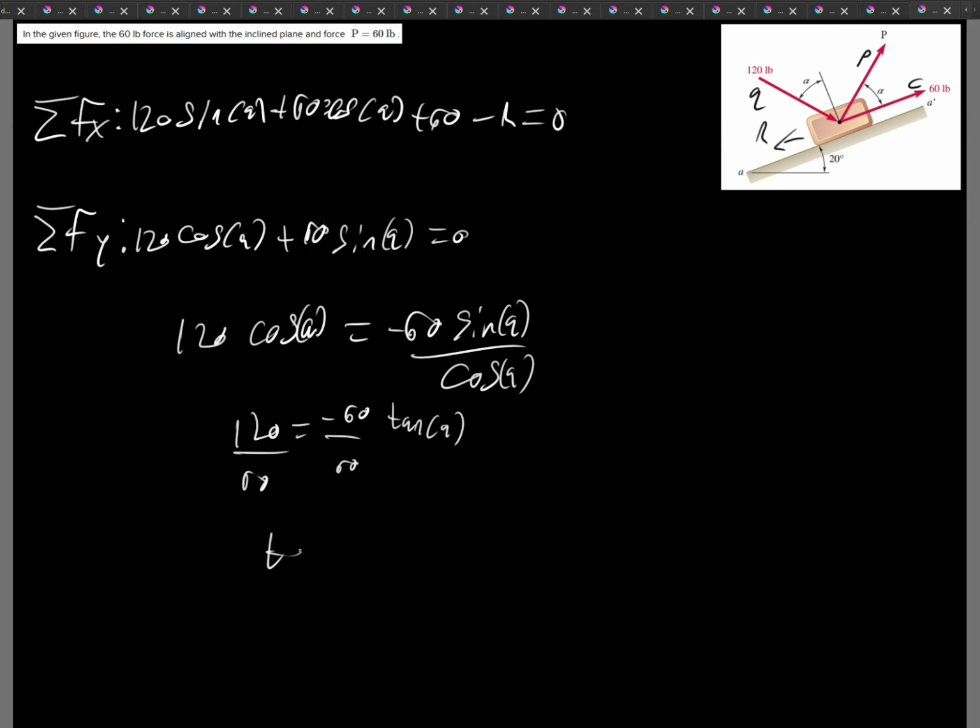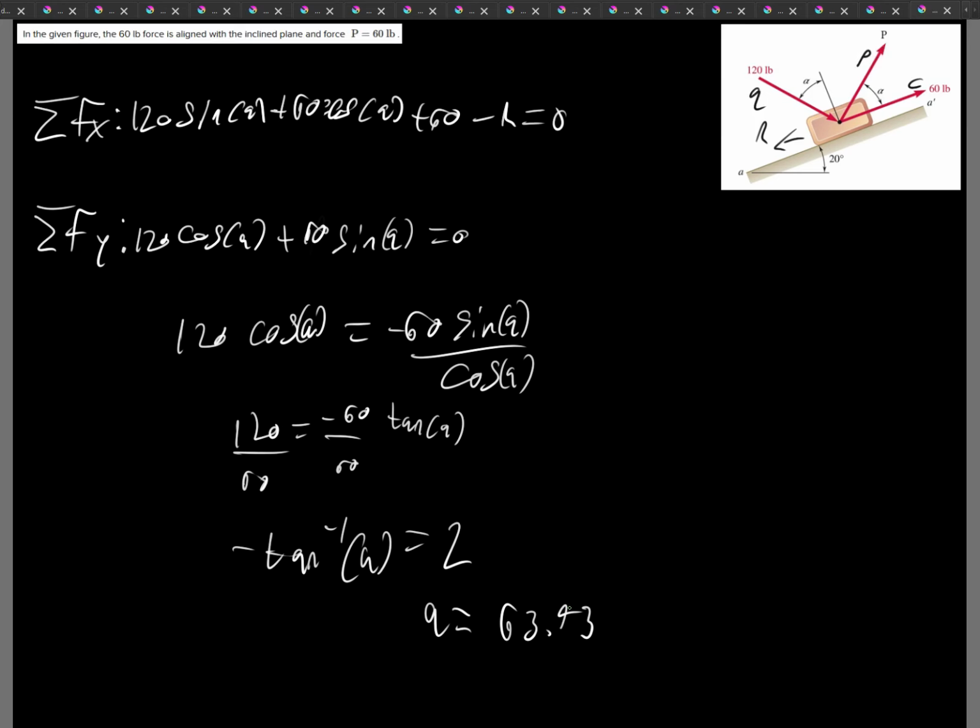Now we've got negative tan of A equals 2. So that means A equals inverse tan of 2, which is 63.43. Now I'm trying to think about where this negative sign goes.